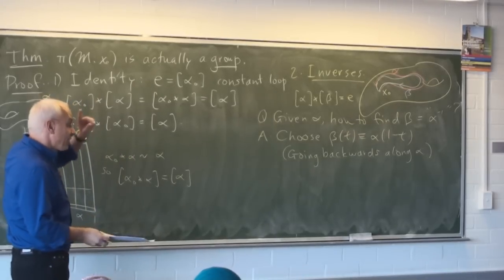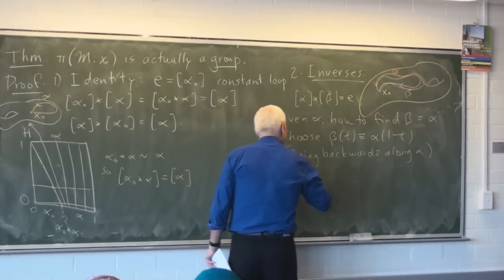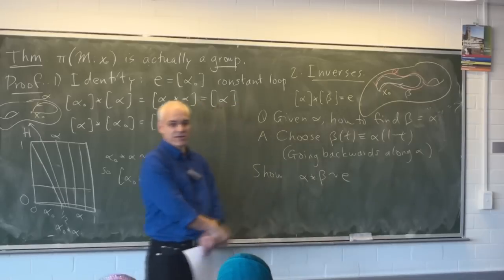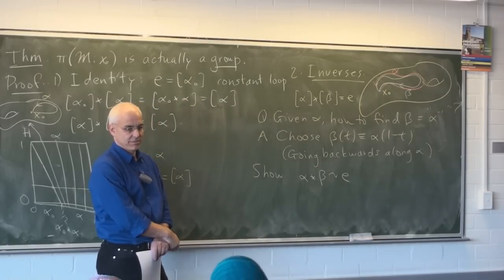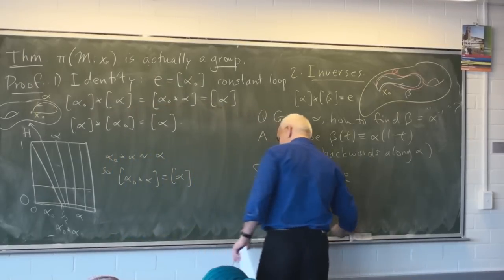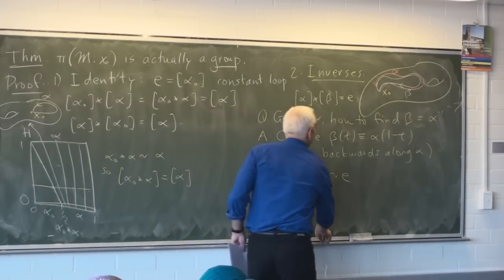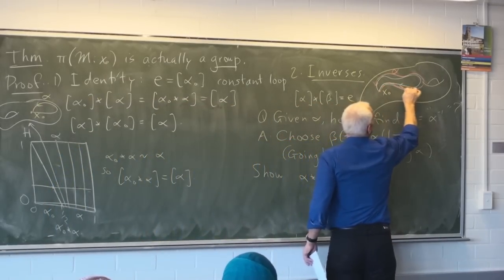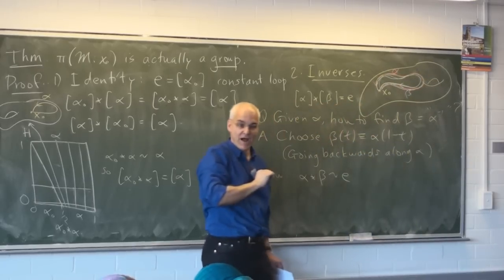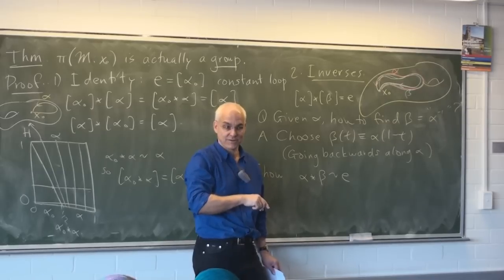But I now have to convince you that we need to show that alpha times this beta actually is homotopic to the constant loop. In other words, if I do the combination, start with alpha and then continue along with beta, that combined loop is actually homotopic to the constant.